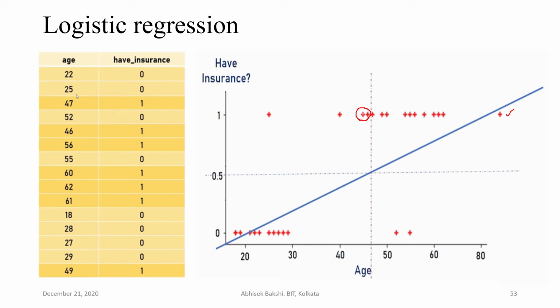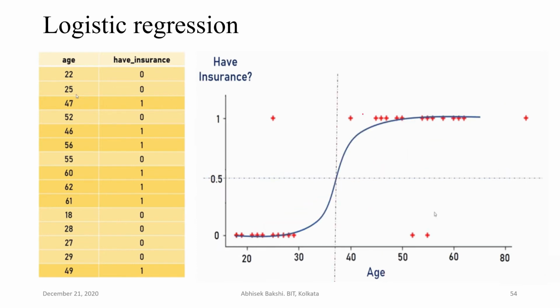So what to do? Here the logistic regression function comes. In logistic regression, instead of putting the curve in this way, if I put a curve something like this, you can see it becomes much better. The outliers have decreased.